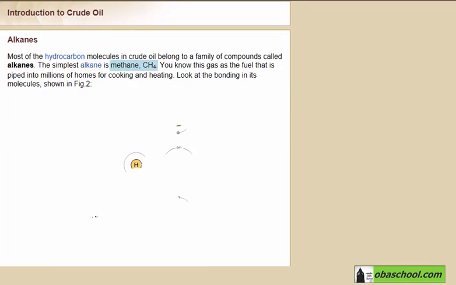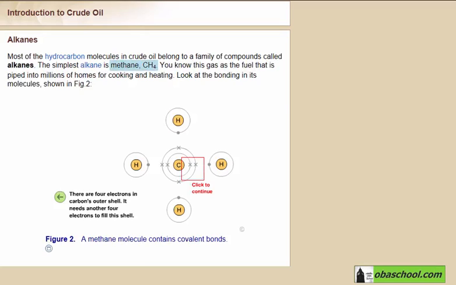Let's examine the bonding in a methane molecule. So as the molecular formula indicates, we have one carbon atom and 4 hydrogen atoms. There are 4 electrons in carbon's outer shell, so the number of valence electrons of carbon is 4, and this means that it needs another 4 electrons to fill this shell.